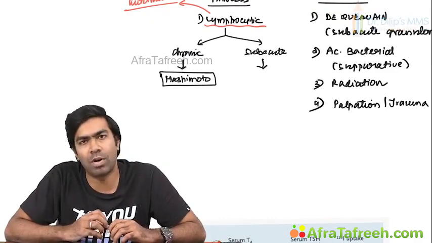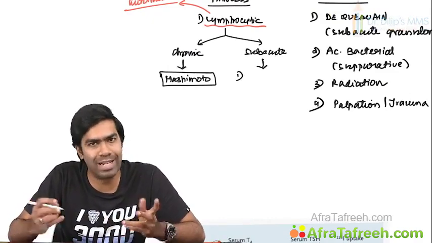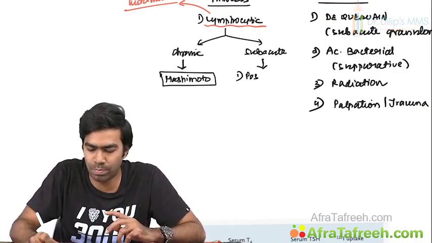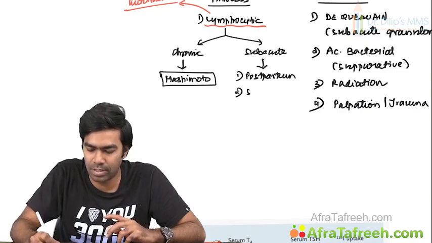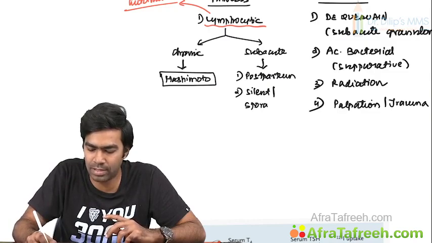Then in the subacute forms of lymphocytic thyroiditis, we have two different diseases. One is called postpartum thyroiditis, and the second one is the silent thyroiditis, otherwise referred to as sporadic painless thyroiditis.